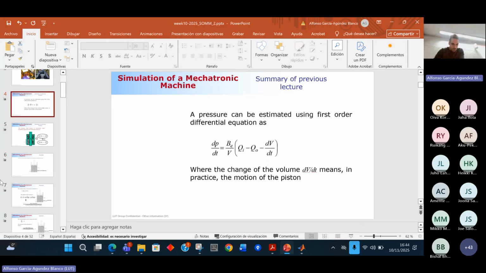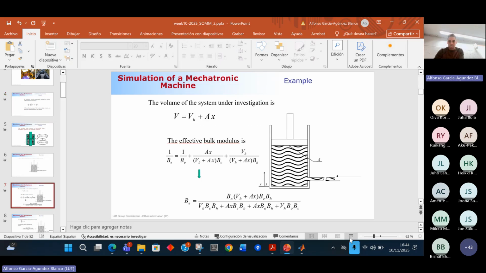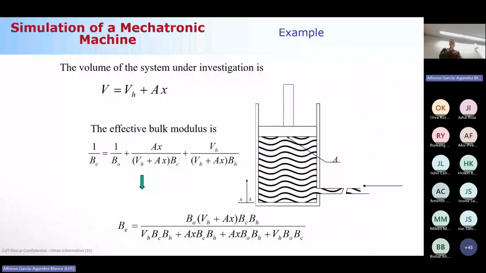And what is QO in this particular example? Do I have an outgoing volume flow rate in this particular case? I have an incoming volume flow rate, but I don't have any volume flow rate that is coming out. So this QO, without any fear, you cross it in the equation, is 0.